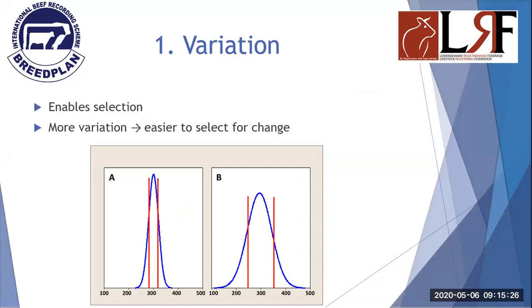So normally if you have a lot of variation, it's easier to improve your genetics than it is when there's little variation and the animals that you actually select are only a bit better than the average of the population.